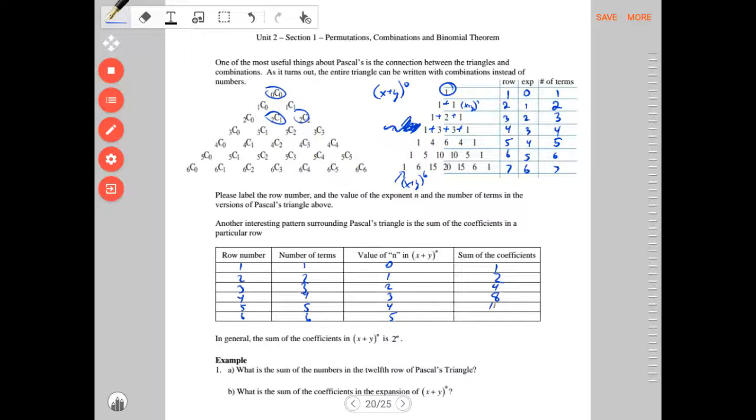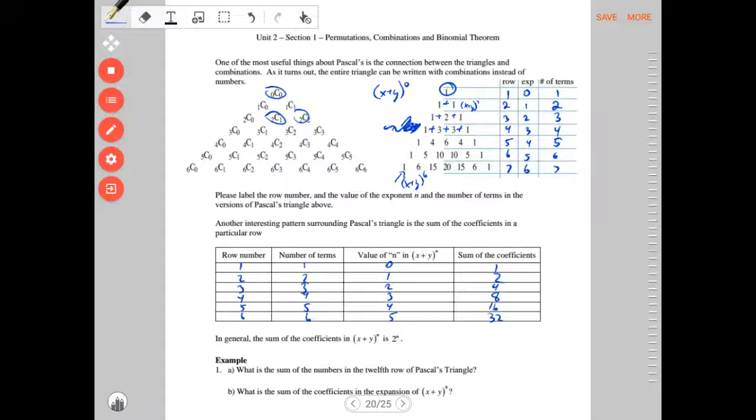Look at this: 1, 2, 4, 8, 16. I'll bet you the next one is 32. So 1 plus 5 is 6, plus 10 is 16, plus another 10 is 26, plus 5 is 31, plus 1 is 32. Hey, look at this, it makes a doubling pattern.